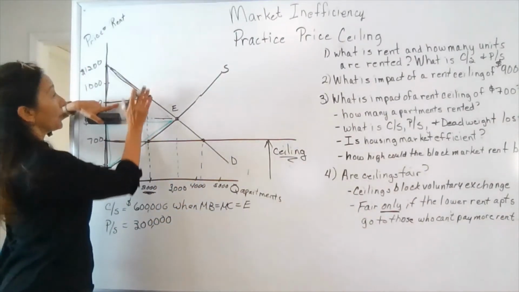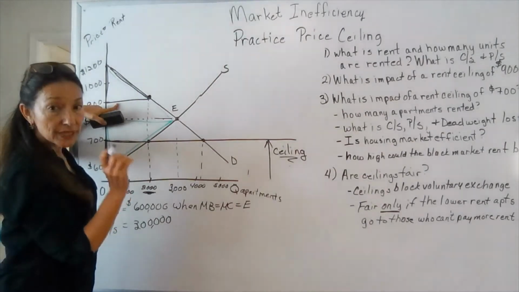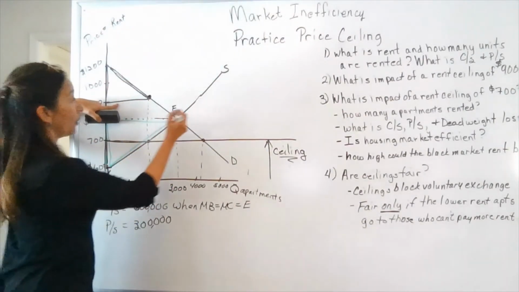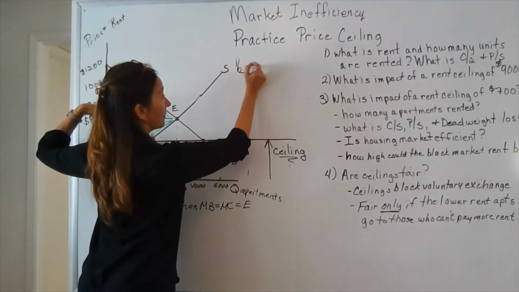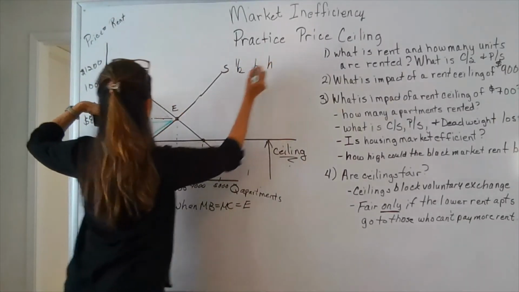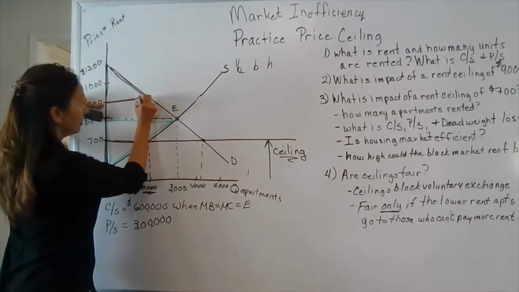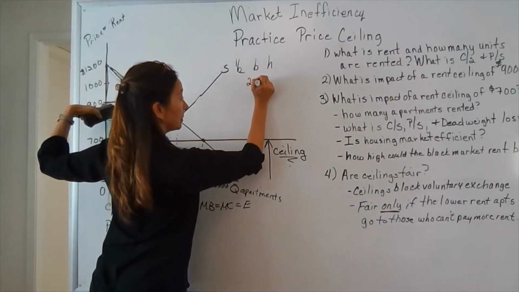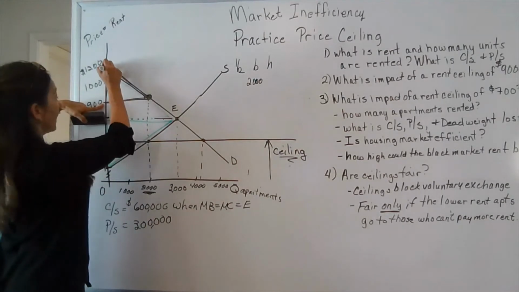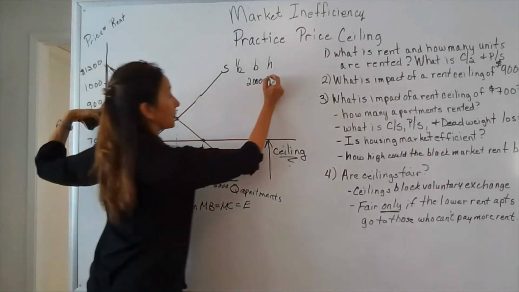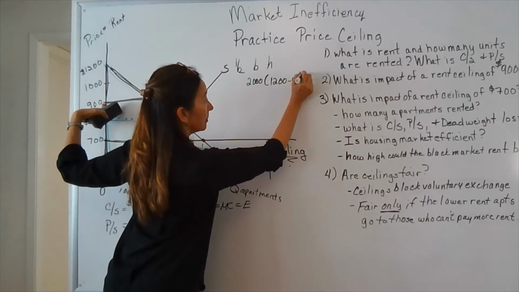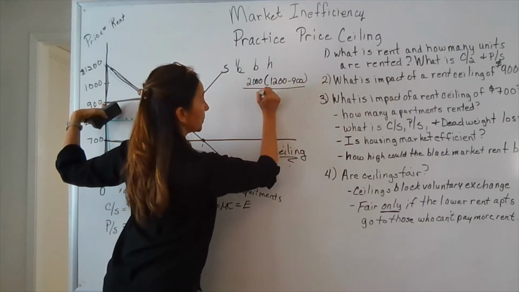Okay, so how do we find this? Again, there's a reduction in consumer surplus or extra value. So again, 1/2 base times height. The base of our triangle is now 2,000. The height of our triangle is 1,200 minus 900. And divide this by 2.